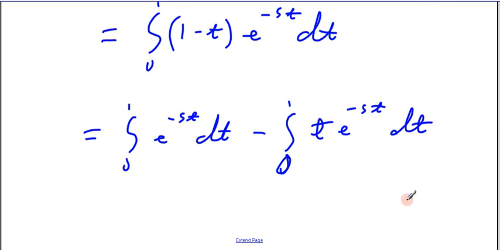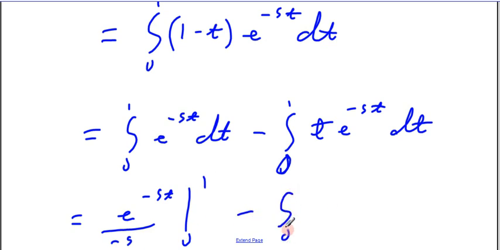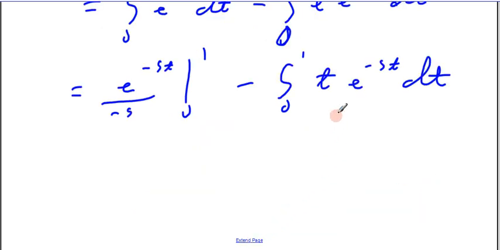Okay, and so we do the first guy, and we have e to the minus st divided by minus s evaluated at 0 and 1, minus the integral from 0 to 1 of t e to the minus st dt. And so on this guy we're all set. I put a 1 in there, and I get e to the minus s over minus s, minus 1 over minus s.